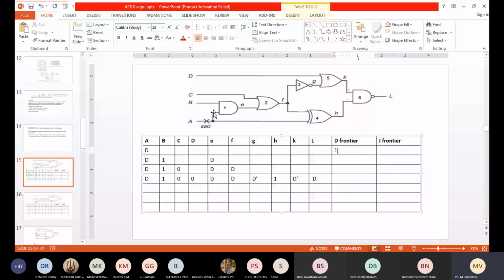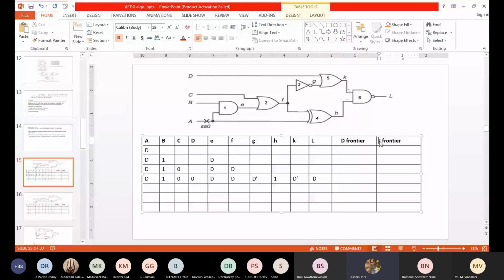We knew A and we were planning to take that to E, and we were identifying what is B. So we are checking the input. So is that D or J frontier? The input we are calculating, B we calculated. So that is J or D frontier?